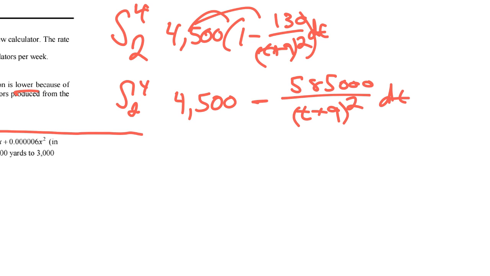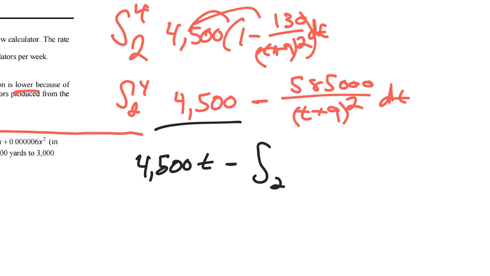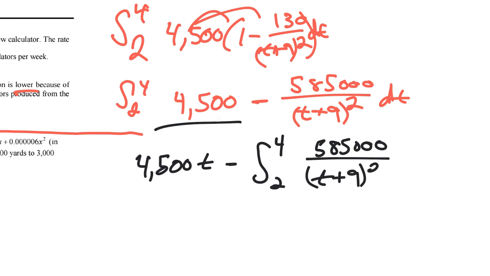Now this one I can split. So this 4,500, when I take the integral of it, it's 4,500 t minus, now I have to take care of this other part. So I have an inner function.